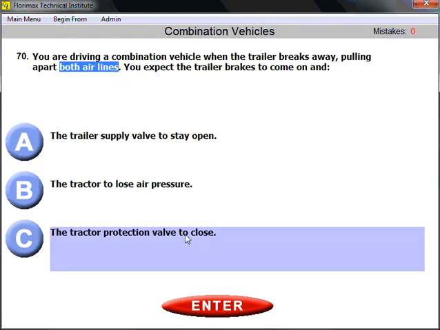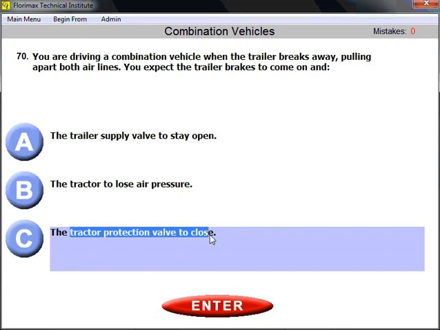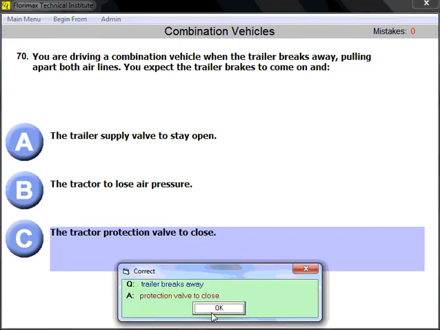That's a general, regular sequence of events in that emergency situation. If both lines are broken, pulled apart, then you expect the trailer brakes to come on and your tractor protection valve to close to secure the tractor air system, right? The tractor protection valve to close.